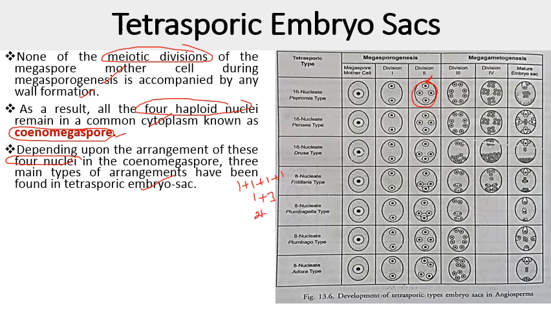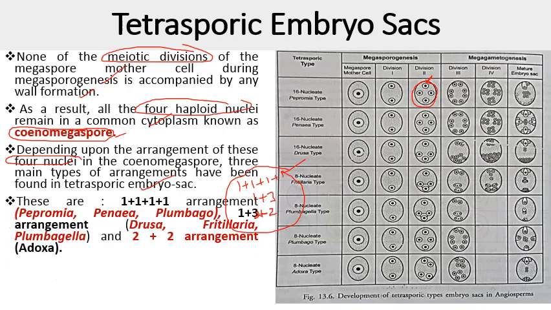So on the basis of this arrangement, total 3 groups में हम divide कर सकते हैं जो ये megaspore के nuclei हैं उनके arrangement के basis पे. So the 1 plus 1 plus 1 plus 1 arrangement is found in Peperomia, Penaea, Plumbago. Then the next arrangement is 1 plus 3 arrangement which is found in Drusa, Fritillaria, Plumbagella. And the last one is the 2 plus 2 arrangement which is found in Adoxa.